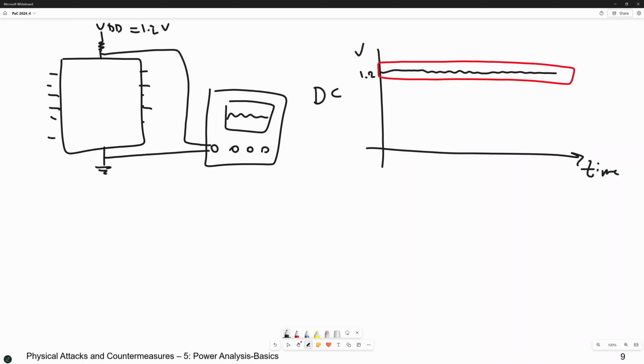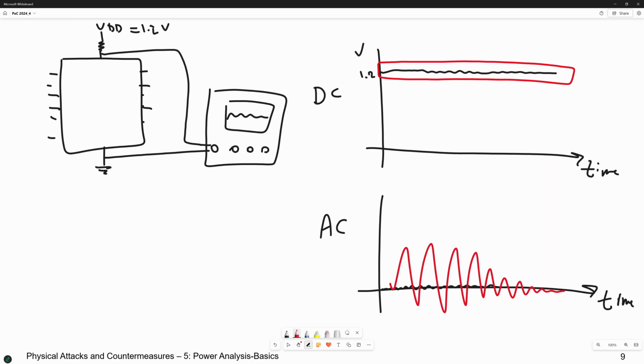Then we use the AC mode or AC coupling, where you have a high pass filter. High pass filter means that this variation in the AC mode comes close to 0. It will be here. And then you are able to easily enlarge it, scale up, and get something like this with high accuracy.